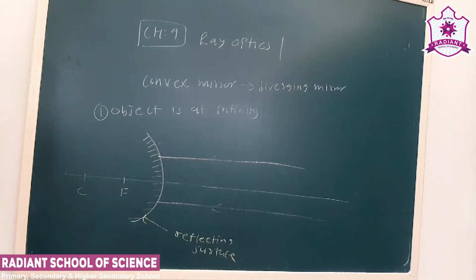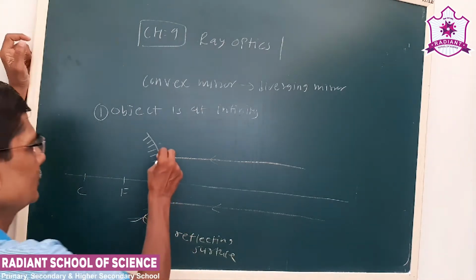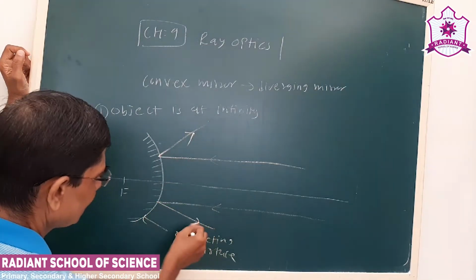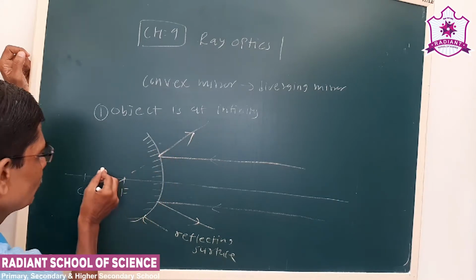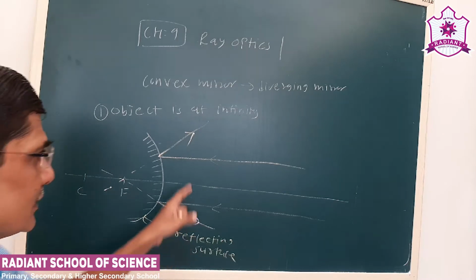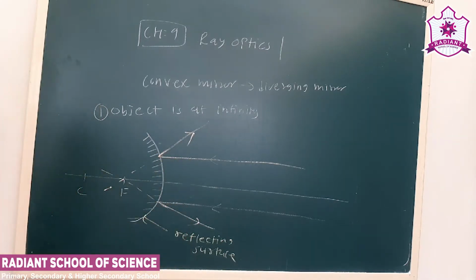But see, the convex mirror is a diverging mirror, so the rays falling will be diverging like this, but we extrapolate or produce them. So when these rays are extrapolated, they meet at F. So here the image will be virtual.